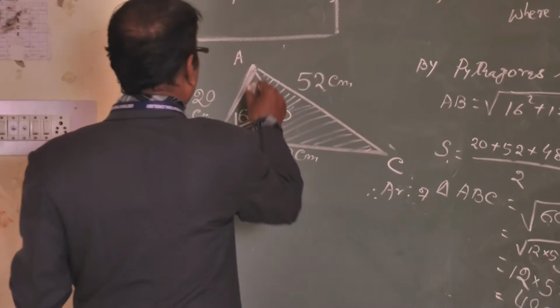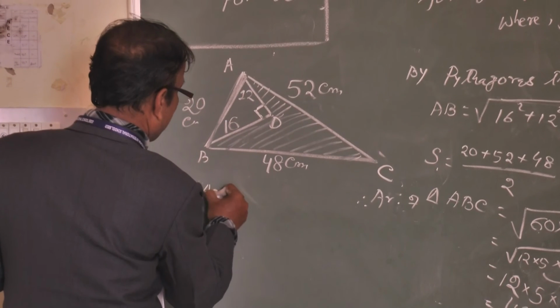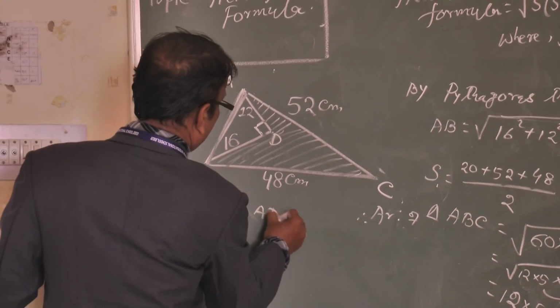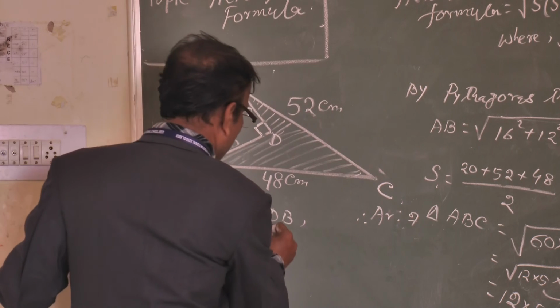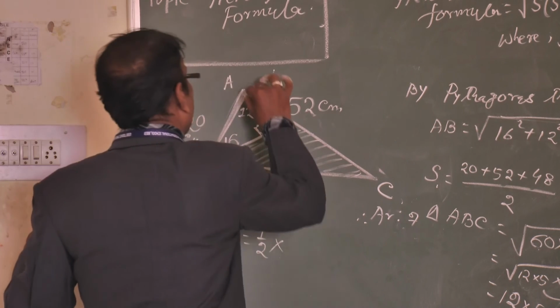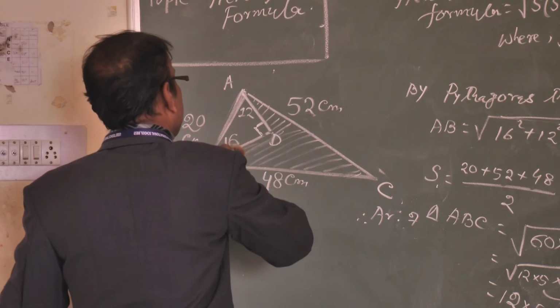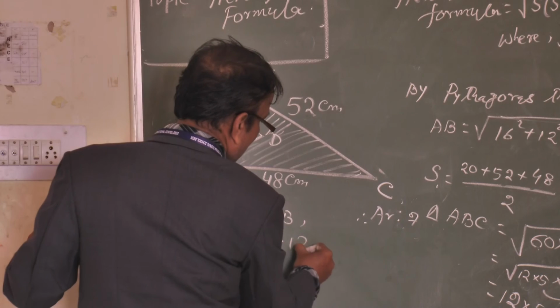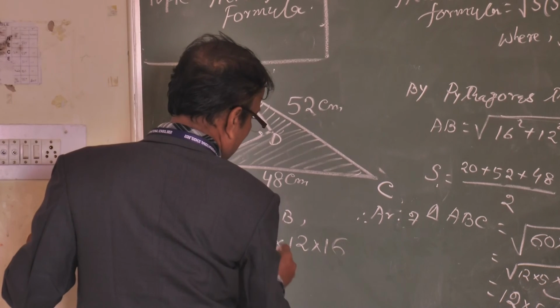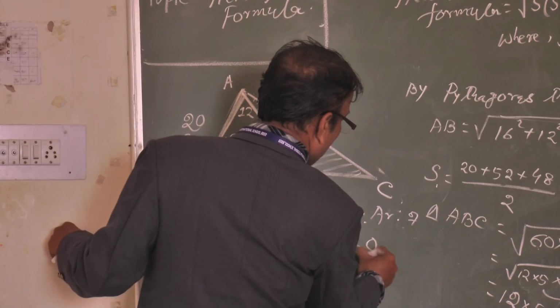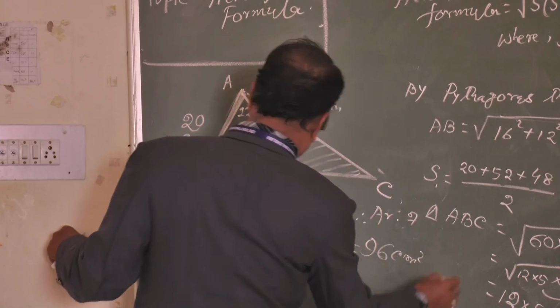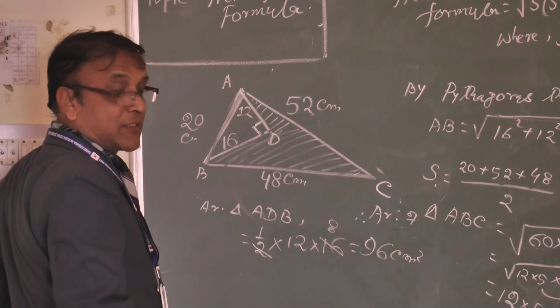Now area of triangle ADB, you can use half base into height. So half into base, if I take this as the base, then this is the height. So half into 12 into 16, by 2 it is cancelled, 8. So this is equal to 96 cm square. So area of triangle ADB is this one.